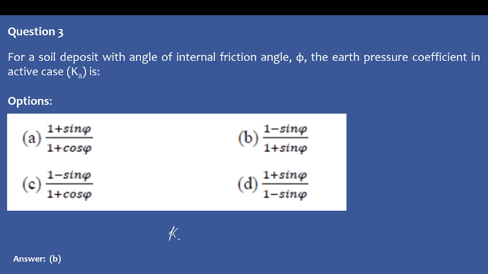The earth pressure coefficient K is none other than (1 minus sin phi) upon (1 plus sin phi), where phi is the internal friction angle.